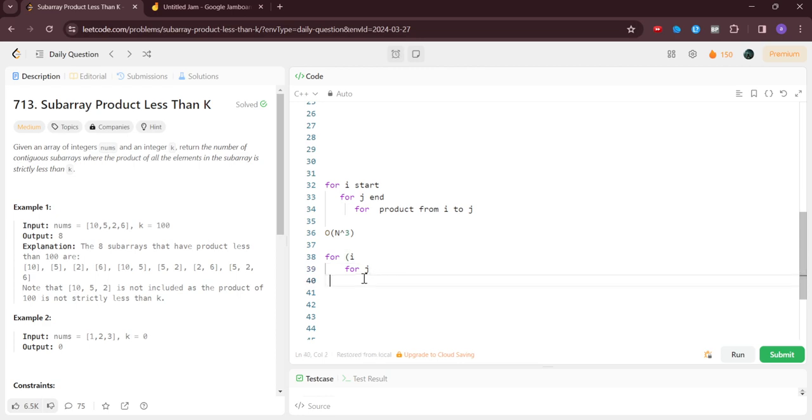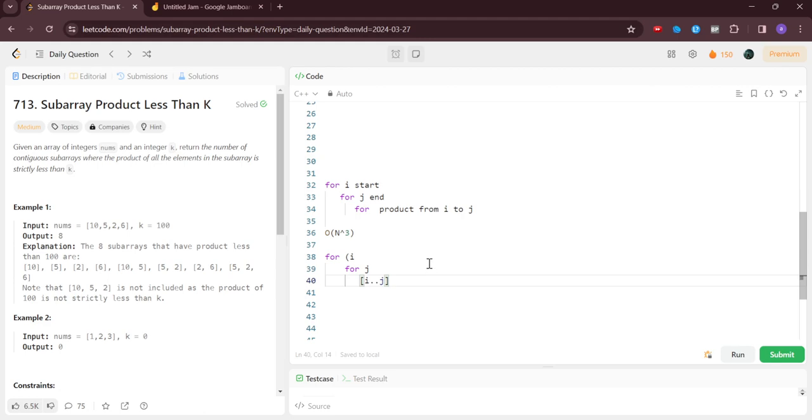So we calculate the elements from this end till j, check whether it is less than k, and then increment the answer. Now we need to optimize this solution further.